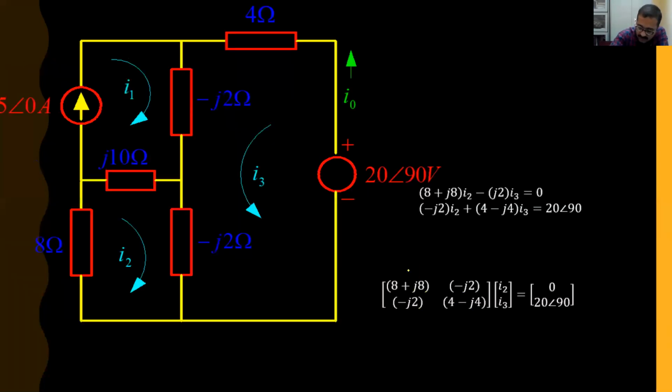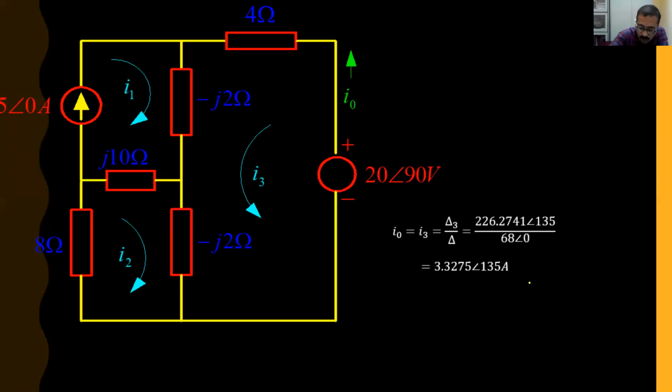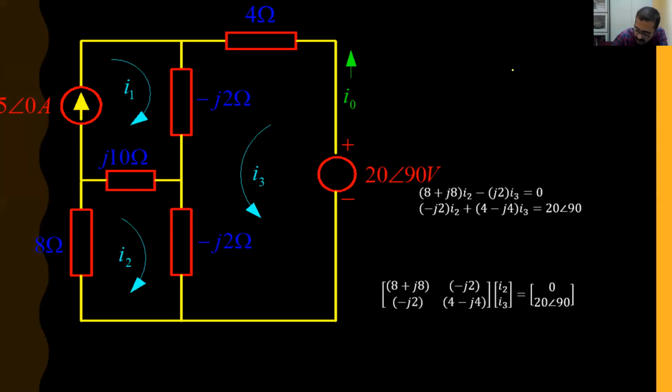So we have 2 equations and 2 unknowns. We can do it in matrix form and solve it. Basically, you have to solve for I0, that means loop current I3. So what will be I3 from this? Your I3 will be delta 2 divided by delta. What is delta? The determinant of the impedance matrix. What is delta 2?